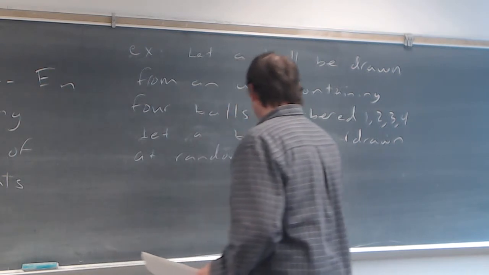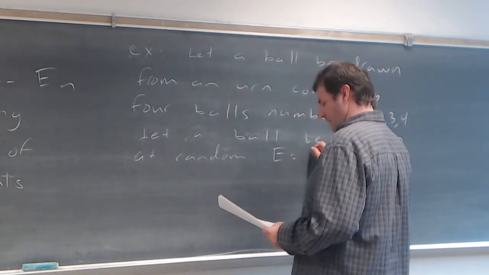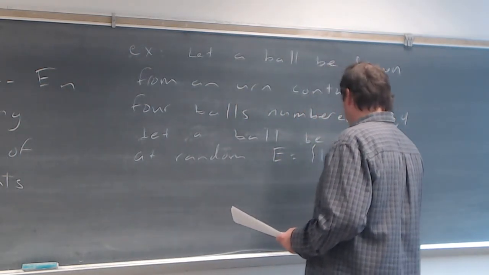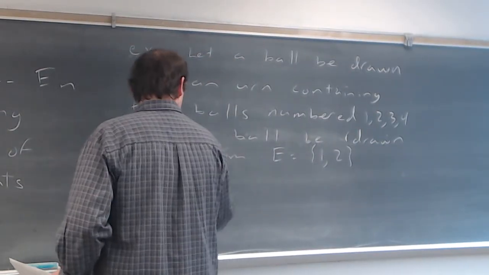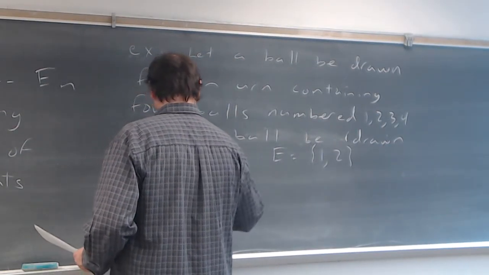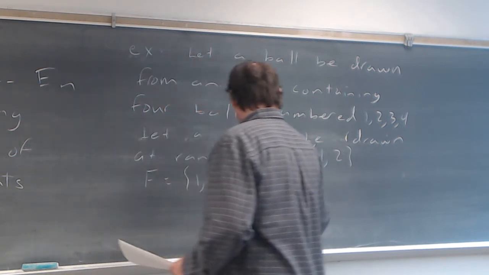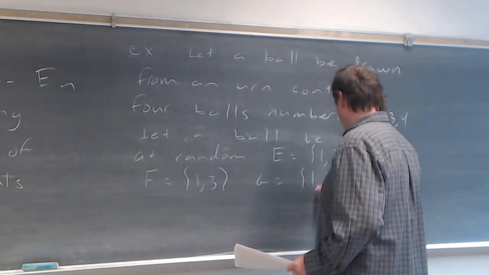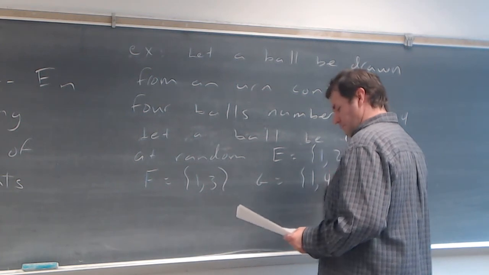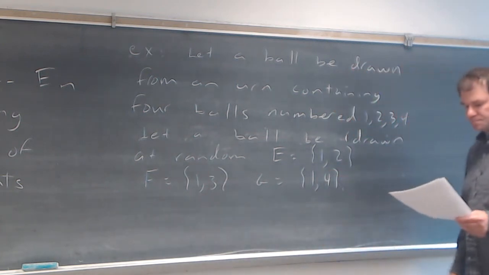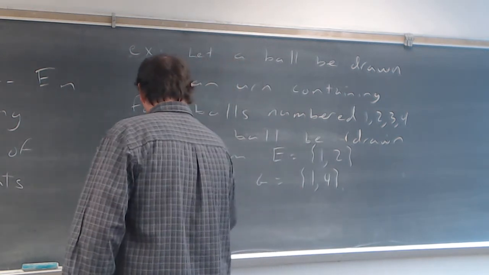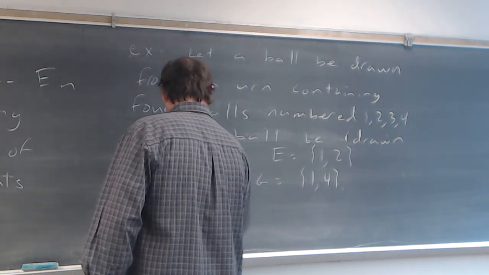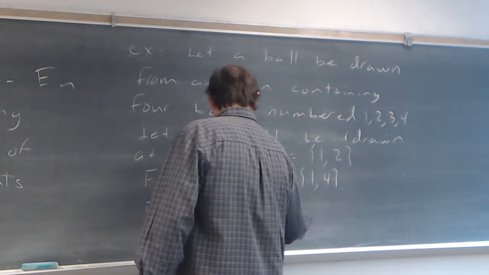Okay, and so we're going to define E to be the event that you got the ball number 1 or 2. We're going to let F be the event that you got the ball number 1 or 3. And G be the event that you got the ball number 1 or 4.